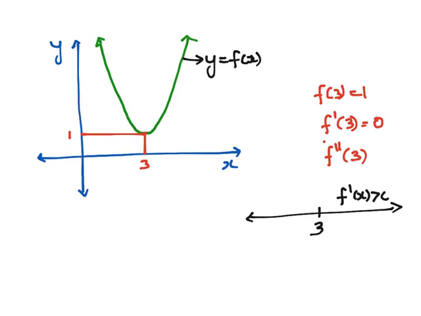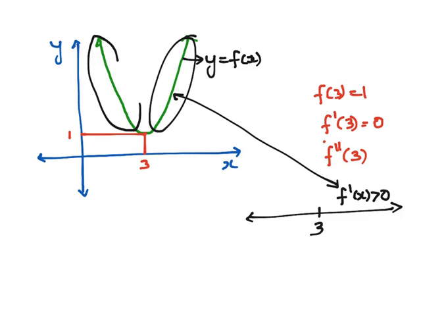Because the function is increasing here, so f dash of x is positive. Now before 3, since the function f of x is decreasing, I'll get f dash of x less than 0. So before 3 f dash of x is negative, and after 3 f dash of x is positive for all values of x.